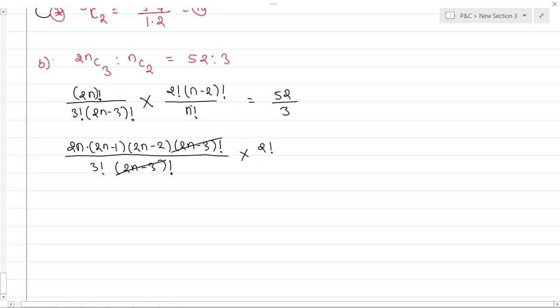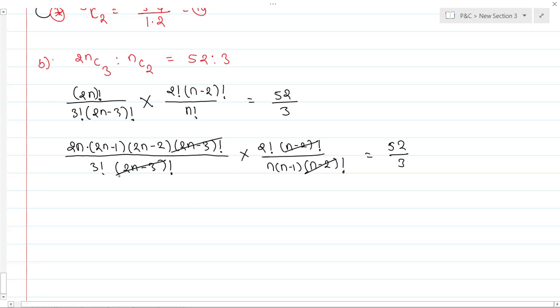Now in n factorial and n minus 2 factorial, this n factorial is greater, so we can expand it to n minus 2 factorial. So n minus 2 factorial divided by n factorial can be written as n minus 1 into n minus 2 factorial, which is equal to 52 by 3. So n minus 2 cancels, n minus 2 cancels.